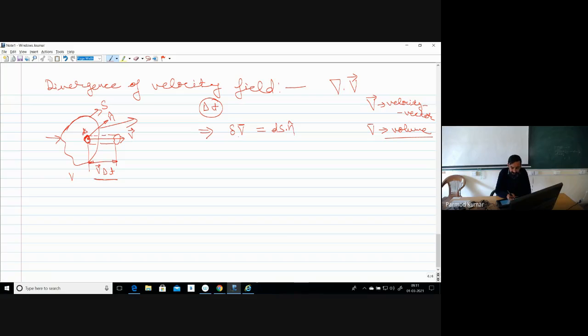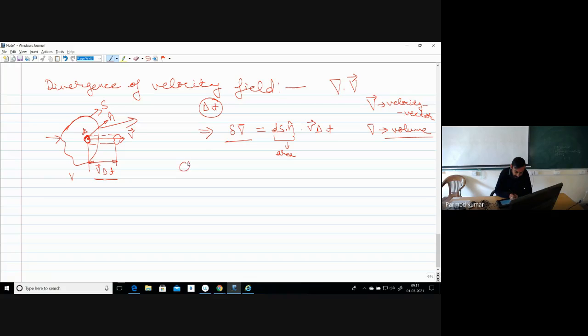That's why the elemental change in volume because of the motion of this small control surface will be dS times n cap dot V vector delta t. The area into distance is our formulation of volume. So this is my change in volume when I am considering the motion of only a small surface.